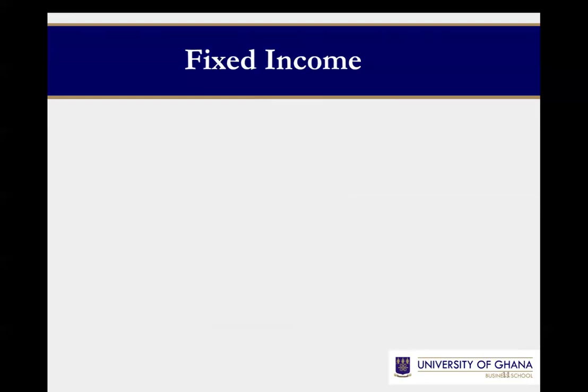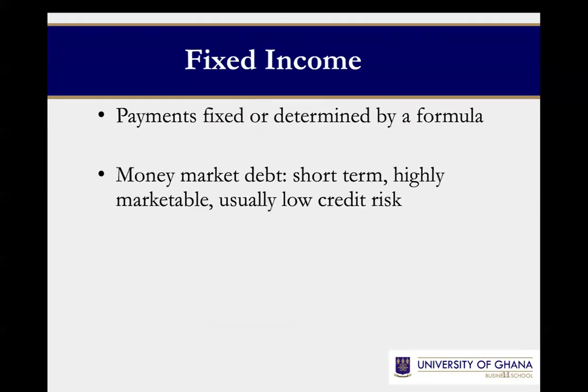Now, when you put all of this together, we can then begin to look at fixed income in a bit of detail. So for fixed income securities, they pay fixed payments, fixed amounts, and or they're determined by a particular formula. And then examples, we can look at money market debt.